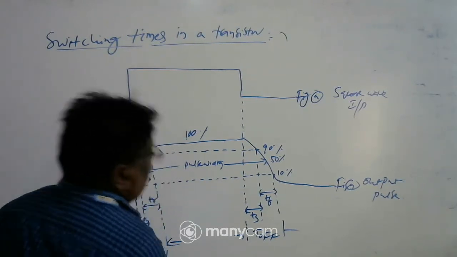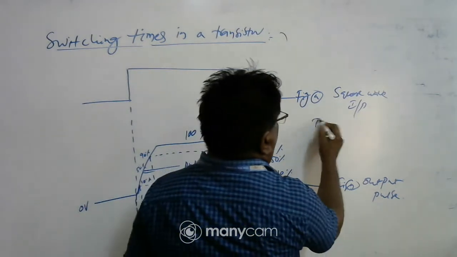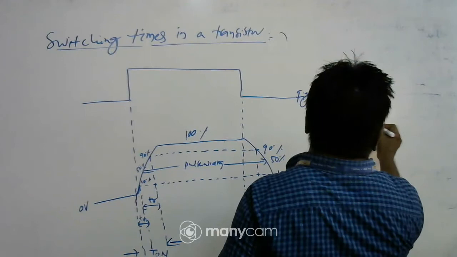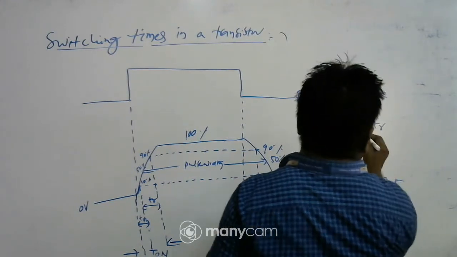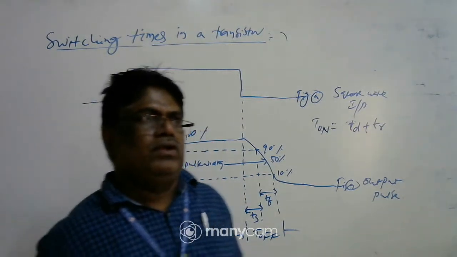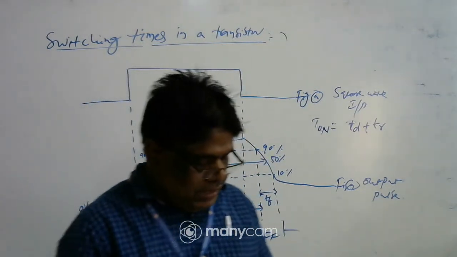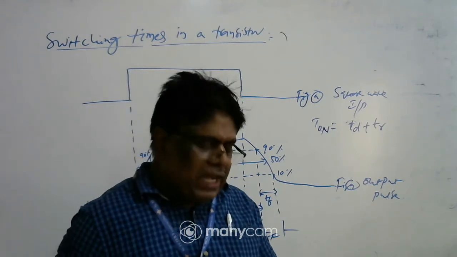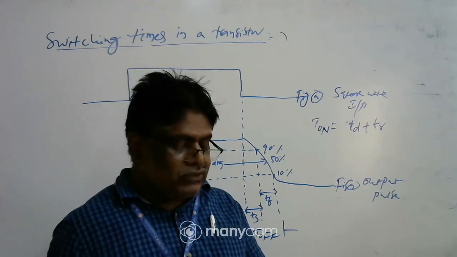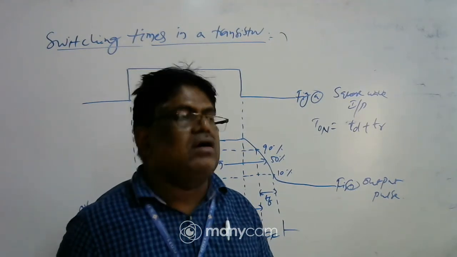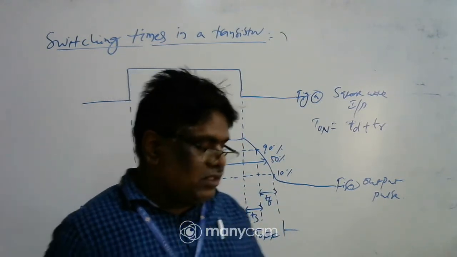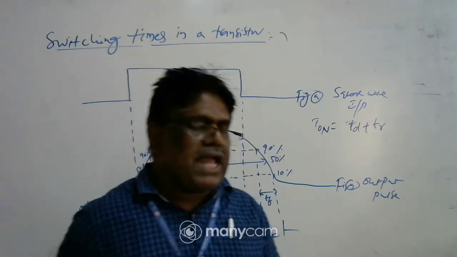Delay time plus rise time is called the T on time. Okay. For example, T on is approximately 40 nanoseconds for a high speed switching silicon transistor, maximum 40 nanoseconds.